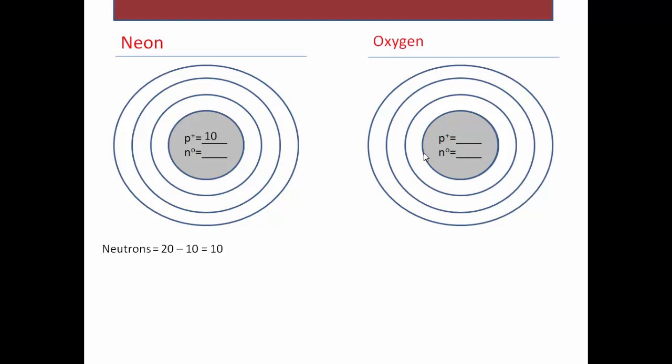Remember, you're going to use the atomic mass, 20, rounded of course, minus the atomic number, 10, to get 10 neutrons. And if we're talking about neutral neon, you're going to have 10 positive charges from the protons, which means you need 10 negative charges. Where do we get negative charges from? Yes, you get them from the electrons. So we need to add 10 in there.